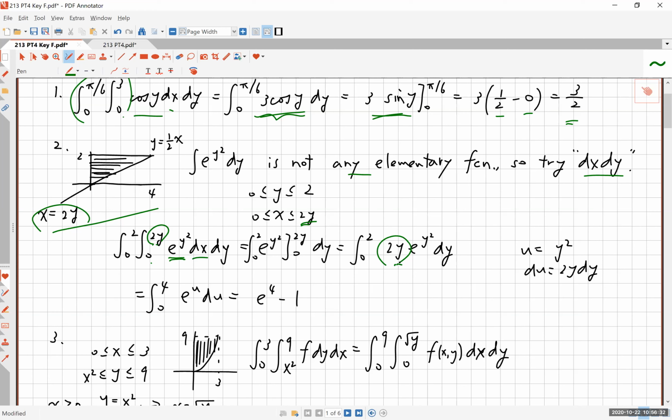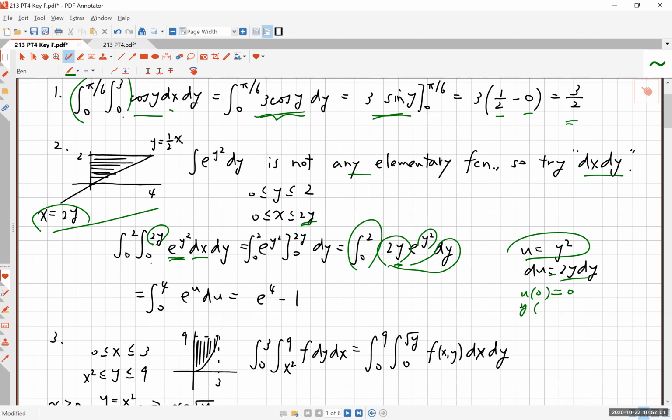Now you see this y really helps you out, because you can now use u substitution. Let u be y squared, okay? And so du is, of course, 2y dy, and that's exactly what you see here, 2y dy. How nice. This will be e to the u du. And of course, these numbers also change, right? So when y is equal to 0, u is 0.